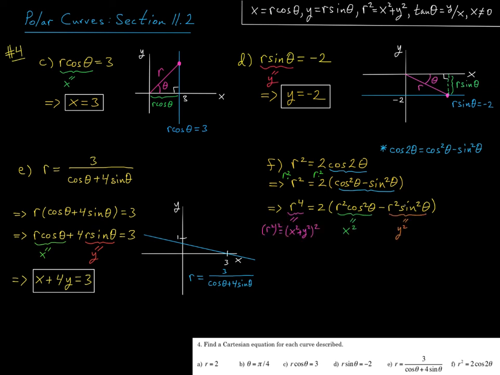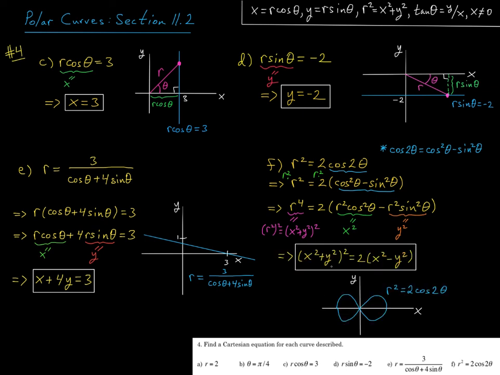And r squared sine squared theta, that's y squared. On the left, r to the 4th, well, that's r squared squared. And as we noted a few times, r squared is x squared plus y squared. So the left side is x squared plus y squared quantity squared. So we put all that together, and we wind up with the Cartesian equation x squared plus y squared quantity squared is equal to 2 times the quantity x squared minus y squared.